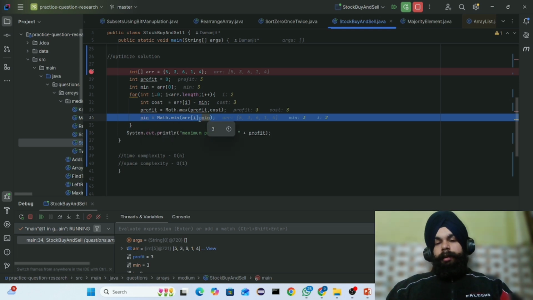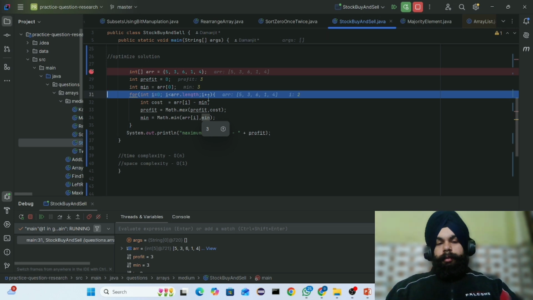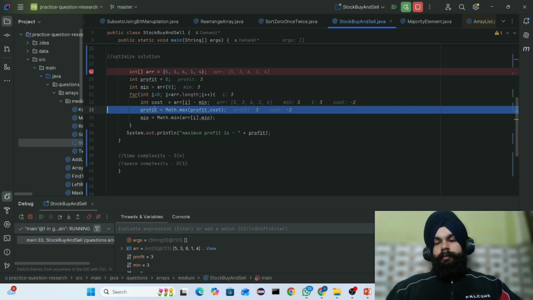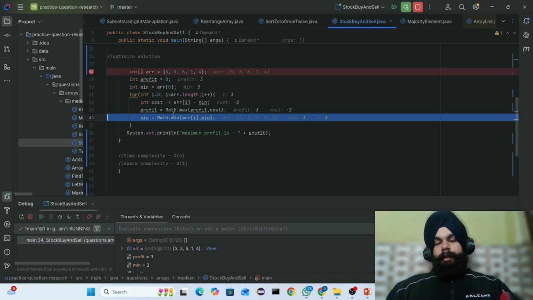and our min will be, our last min was 3 and array of i is 6, then in the next iteration our cost will be, array of i is 1, it's minus 2, and its max will be 3 and in min we have min value as 3 and array of i is 1, it will take minimum value as 1 as we discussed previously.